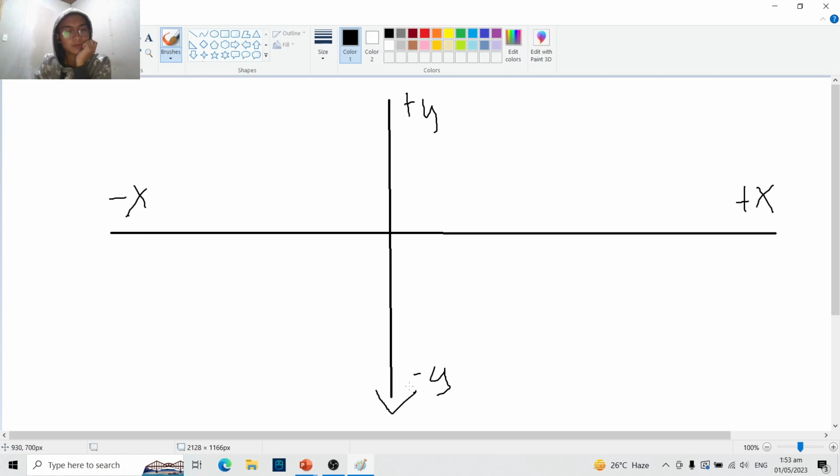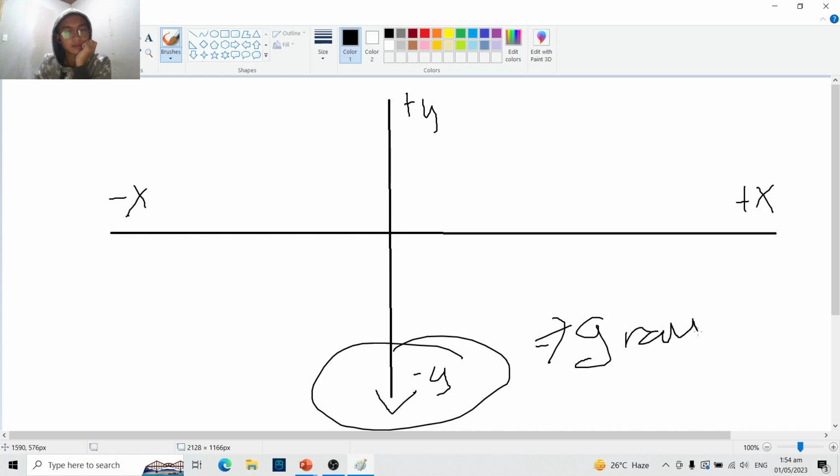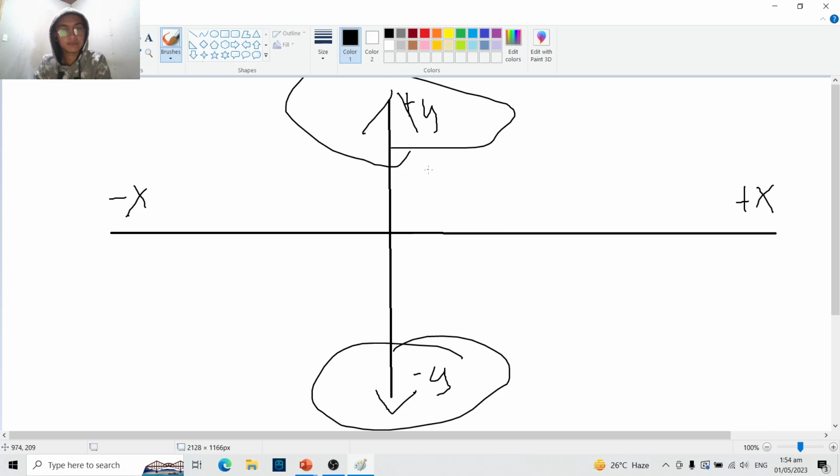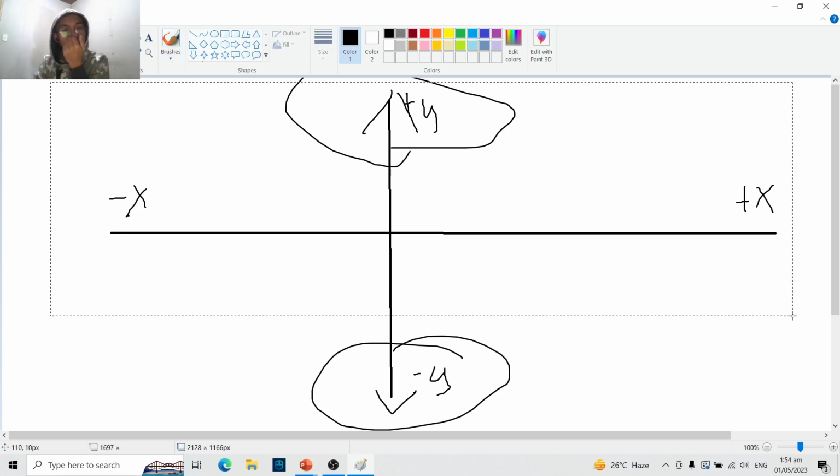And since paubos man nga direction, so, negative si gravity, acceleration due to gravity. Kung pasaka, positive y. Okay, ito siya nga negative.